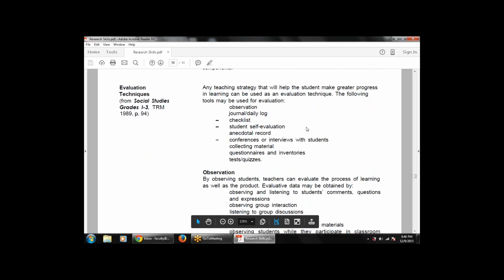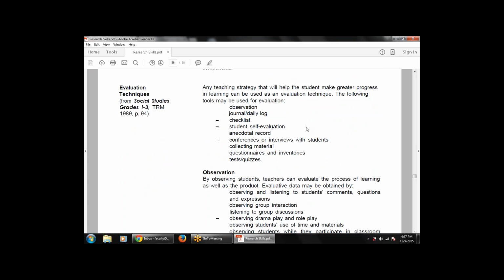These are the methods by which we can evaluate anyone's performance. Either we observe whether he or she is doing well or not, that is observation. Then general, that is maintaining a daily log of what time he or she comes and goes.